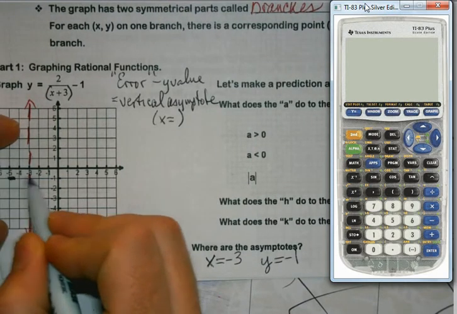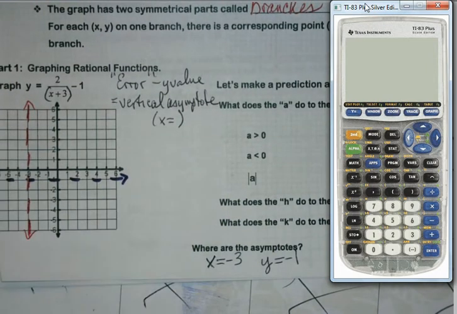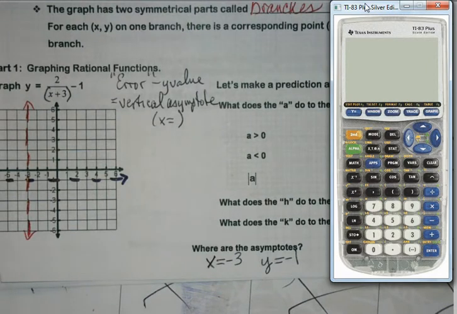So whenever you're doing these, always a good idea to draw your asymptotes in first. Because once you have those, my general rule of thumb when it comes to graphing is you need 2 points on each side of your vertical asymptote if you're going to graph it.